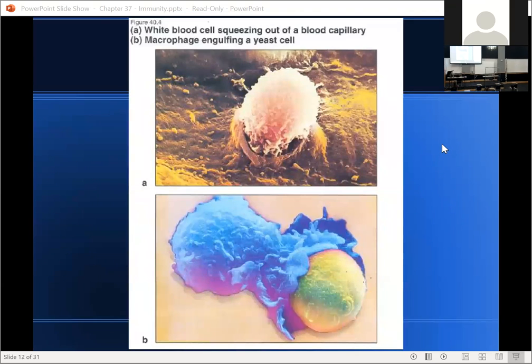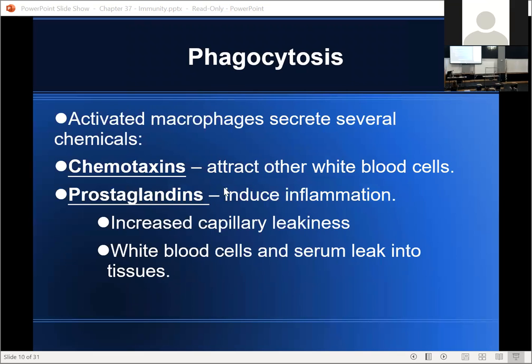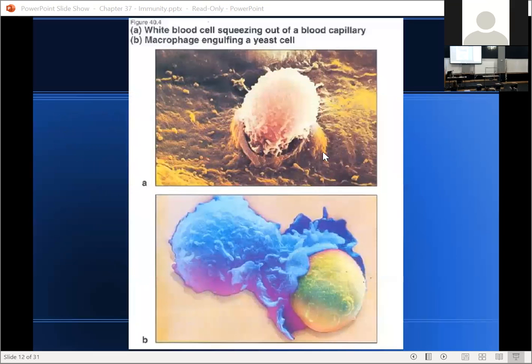Okay, so here's some pictures. So I mentioned that, in particular, not endogenous pyrogen, but prostaglandins make the capillaries a little leakier. So what happens is the cells that line the capillaries, okay, these are cells called the endothelial cells, the cell junctions aren't as tight.